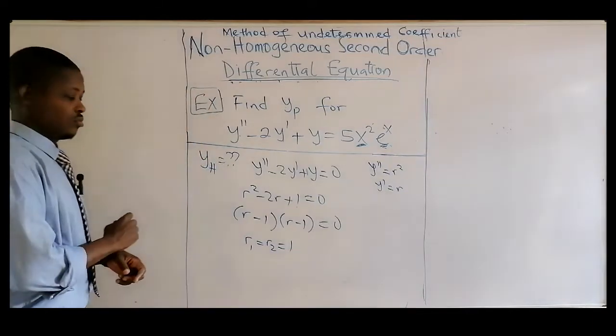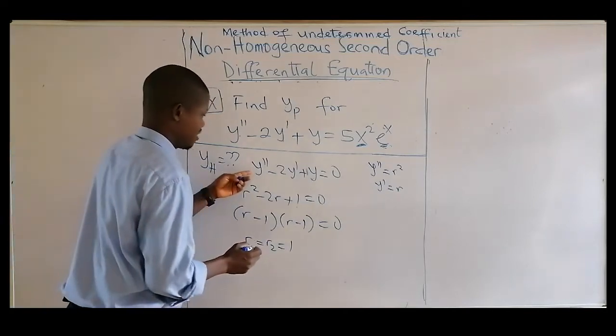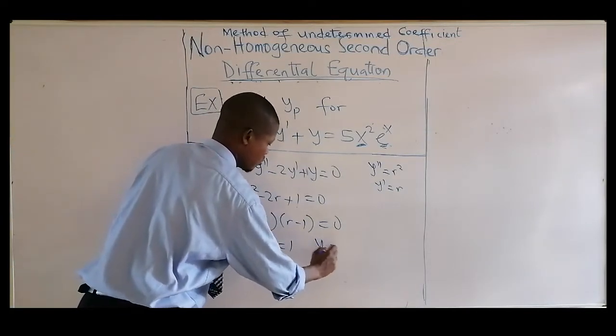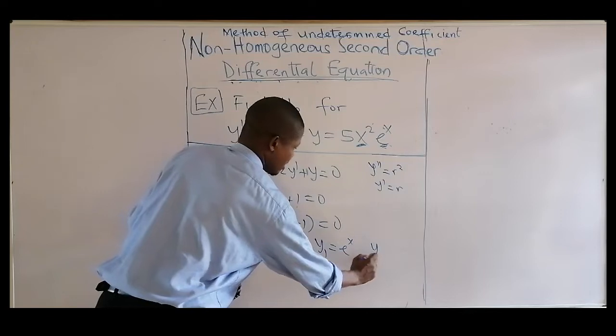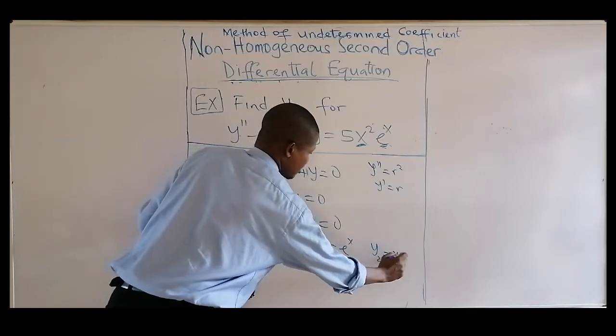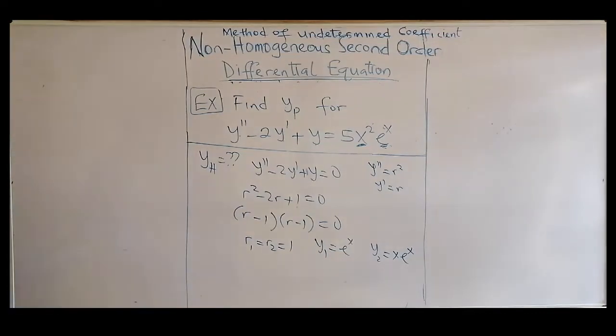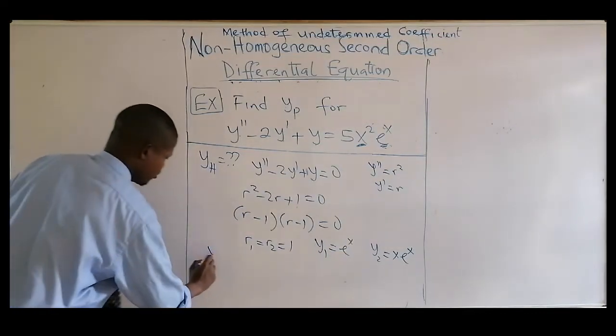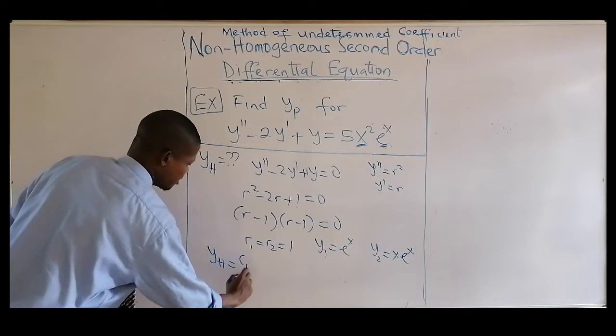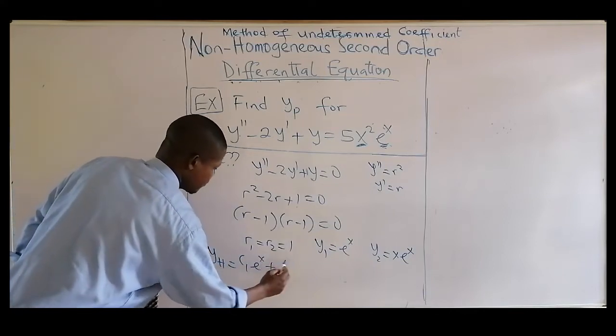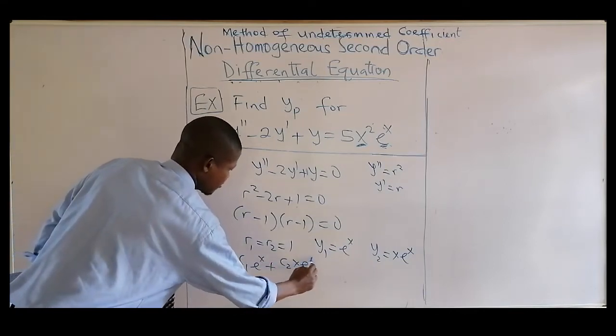It's a repeated root, so the solutions are y1 equals e^x, and y2 equals x e^x, for the repeated roots. So the homogeneous solution will be C1 e^x plus C2 x e^x.